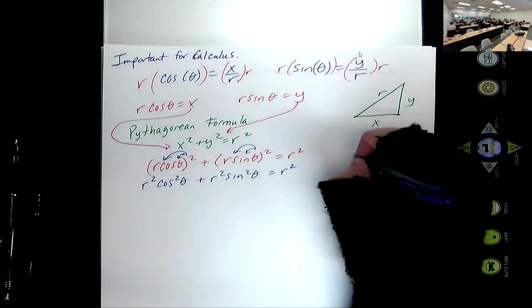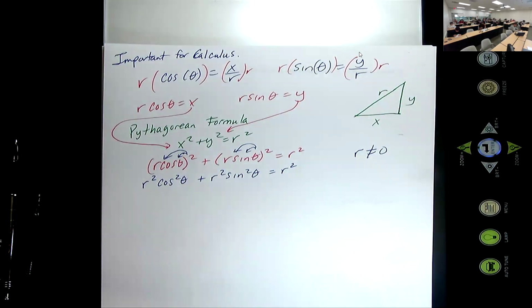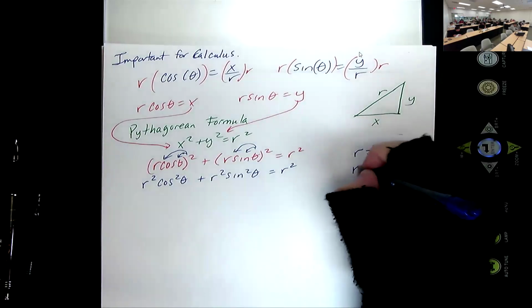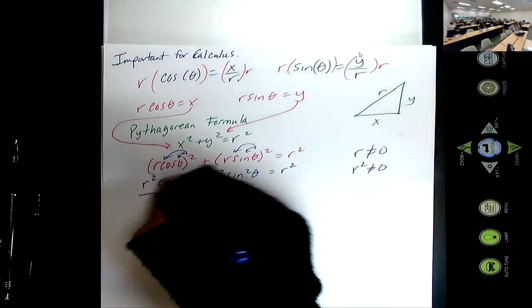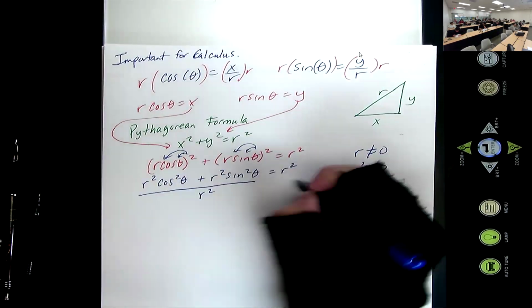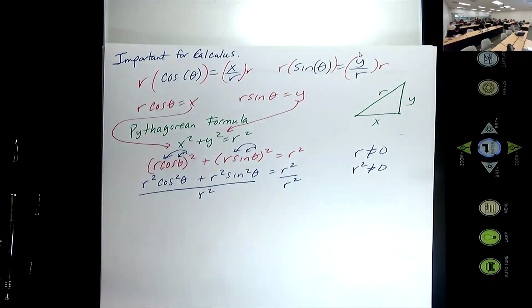And we know r can't equal 0, because then we don't have a triangle, which means r squared can't equal 0. Which means the next step is valid: I can divide both sides by r squared. You don't want to divide by anything that could potentially equal 0, that's bad.